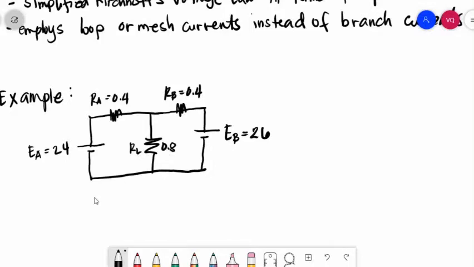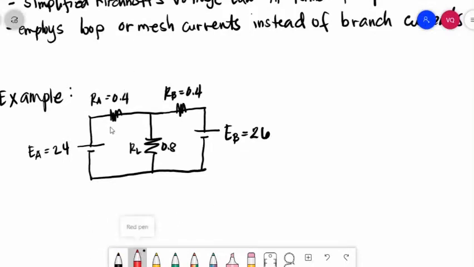So first, we will assign loop currents in this circuit. First, we will use the same direction of loop currents. Later on, we will also solve the opposite loop currents.